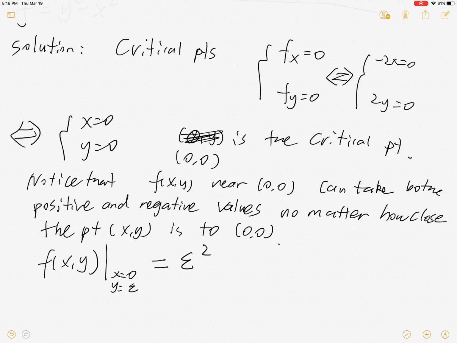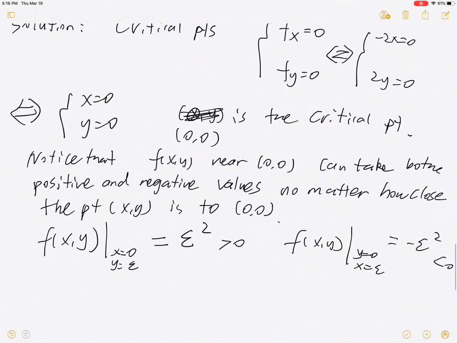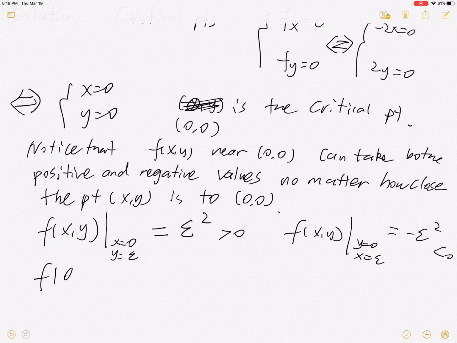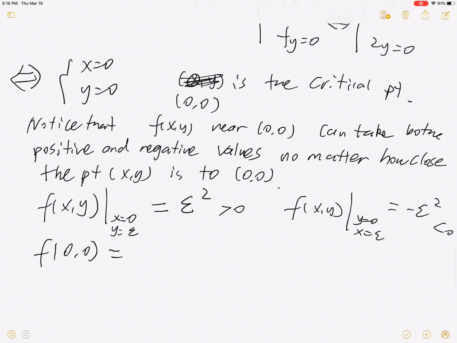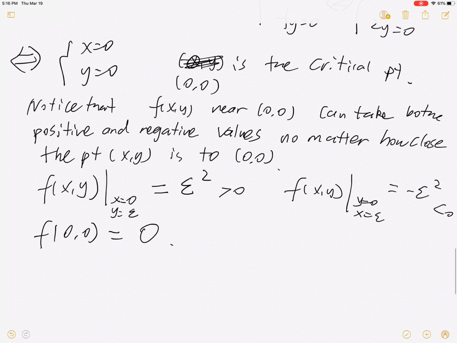Actually, it can be any small number. And similarly, if you take y to be 0, you have this. So this is positive, this is negative. And at the center (0, 0), this is 0.